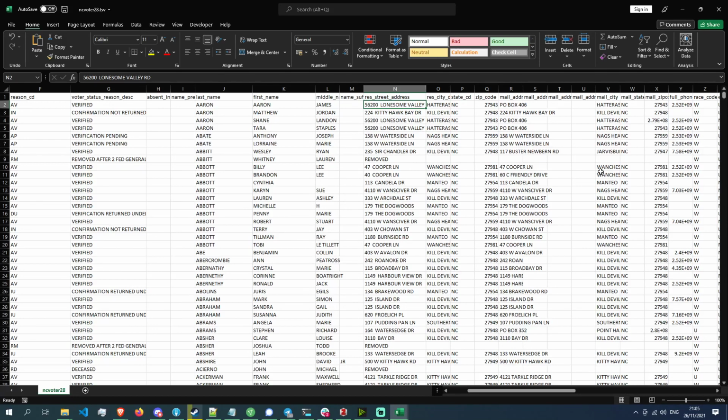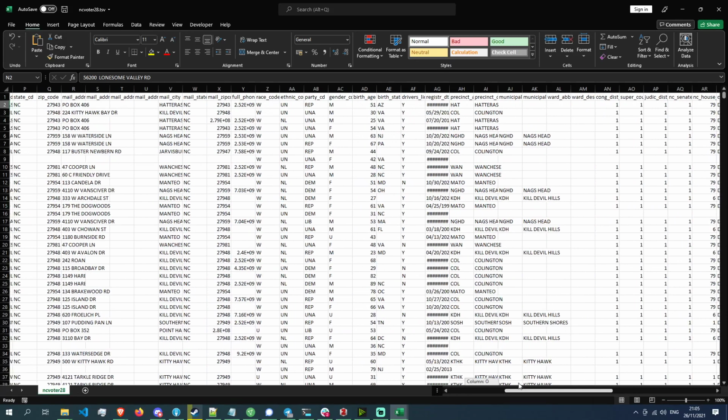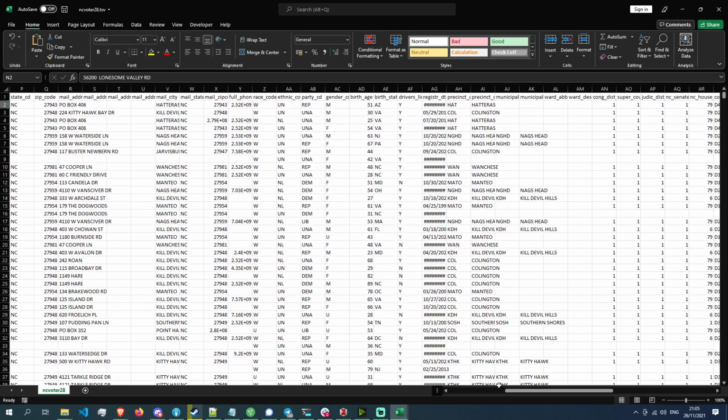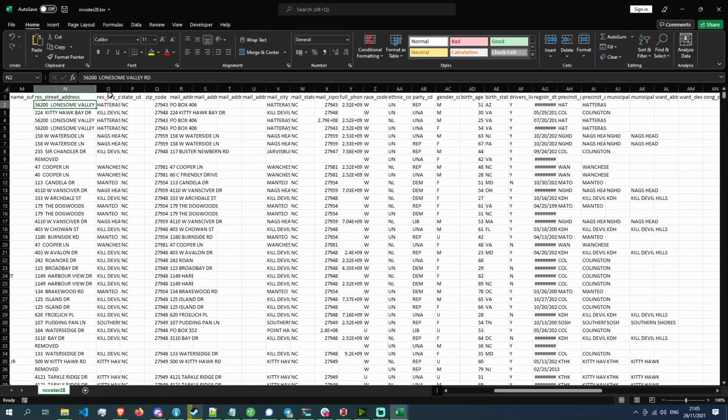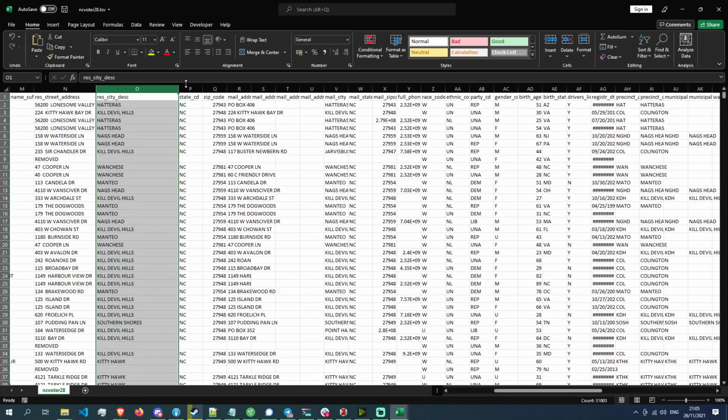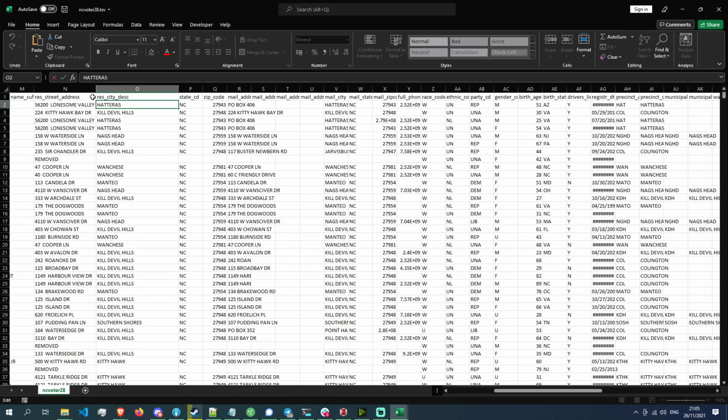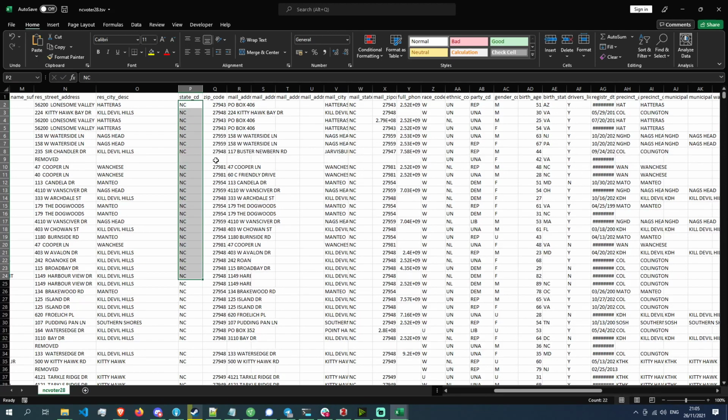So if we're moving also to OSINT, open source intelligence, voting records are actually a very nice thing to have. You'll mostly find this for U.S. people. So you have the residence city and where they live, the exact address, the state descriptor, so that's North Carolina, and the zip code, of course.